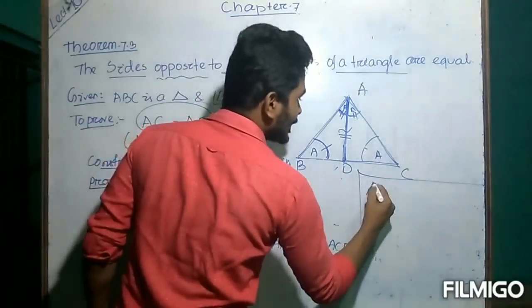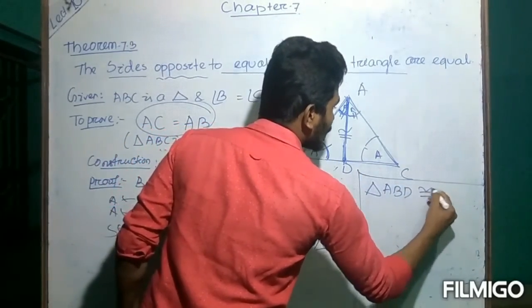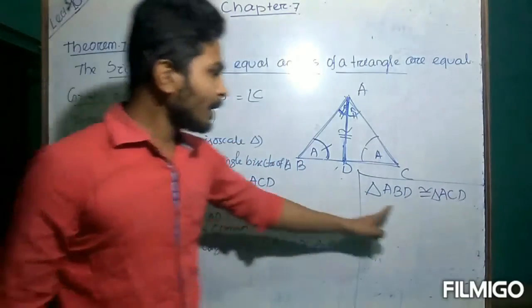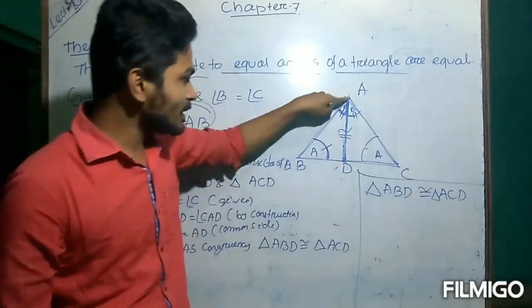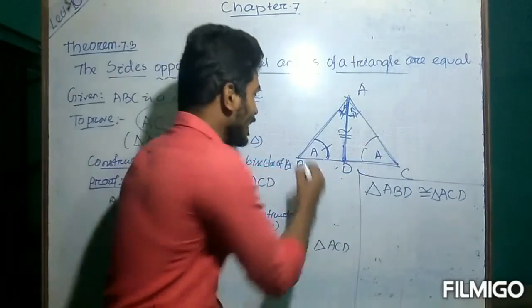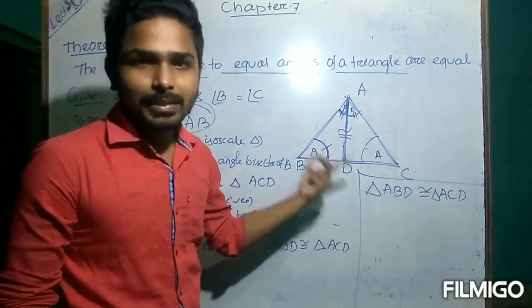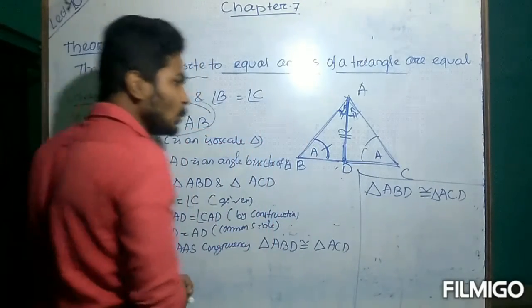Since we have proved the triangle ABD is congruent to the triangle ACD. Clear? And if any two triangles are congruent, then their sides must be equal. That means this side is equal to this side. This side is equal to this side. AD is equal to AD because these are the CPCT through axiom 7.2.